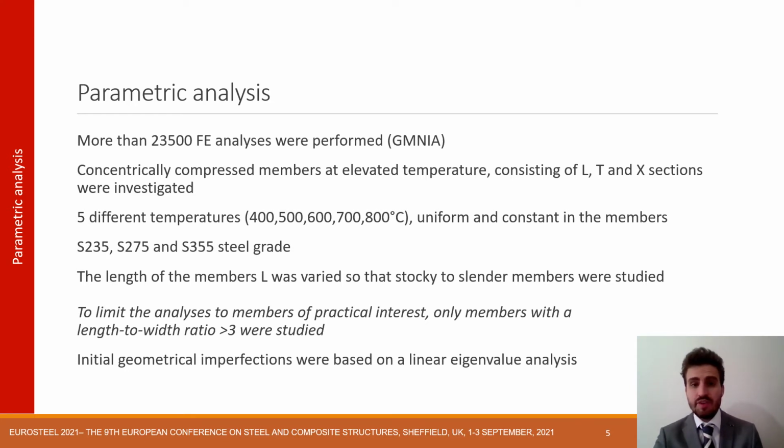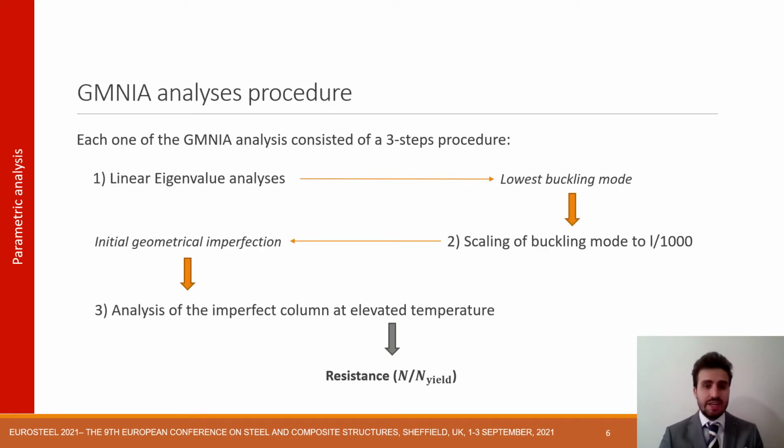Initial geometrical imperfections were introduced in the models based on linear eigenvalue analysis. So in detail, each one of the analyses consisted of a 3 steps procedure. First, a linear eigenvalue analysis was performed in order to obtain the lowest buckling mode. This mode was then scaled to L over 1000.